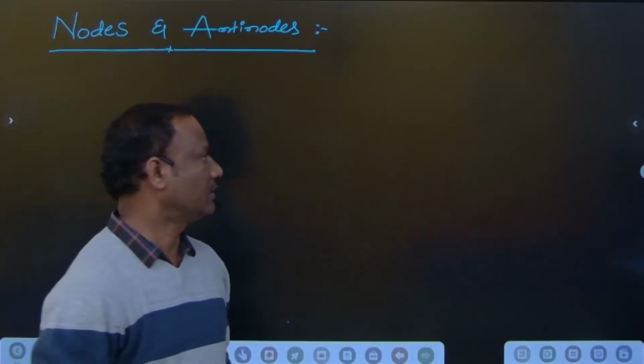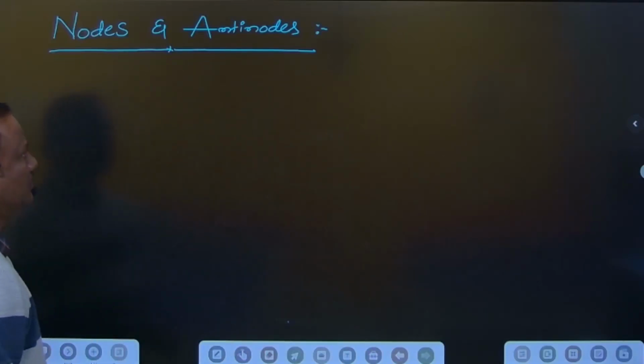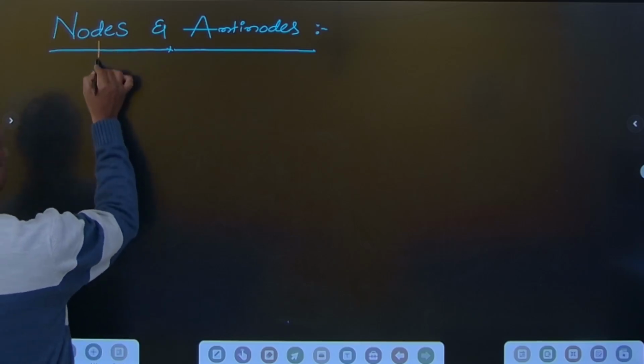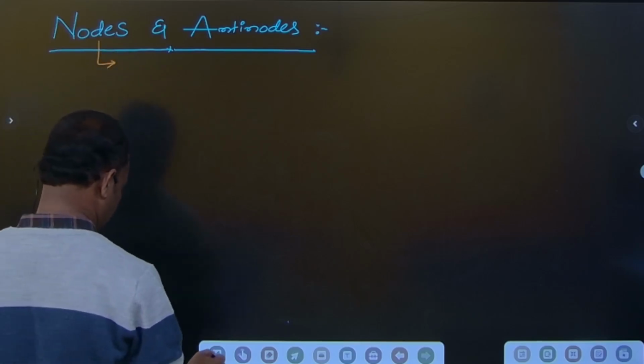Here we are discussing nodes and antinodes. So what is a node? It's the minimum displacement.